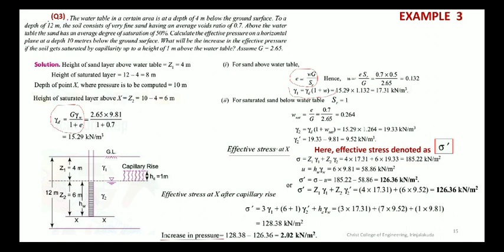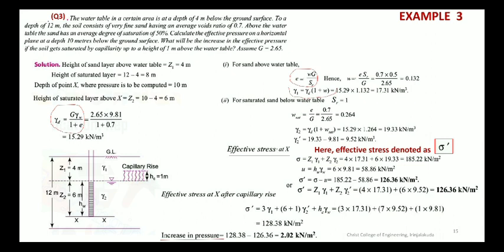Now the second part, what will be the increase in effective pressure if the soil gets saturated by capillarity up to a height of 1 meter above the water table? So now we have to consider the effect of capillary rise, which is occurring up to a height of 1 meter above the water table. So now again look at the figure. The capillary rise is shown above water table as for a height of 1 meter.